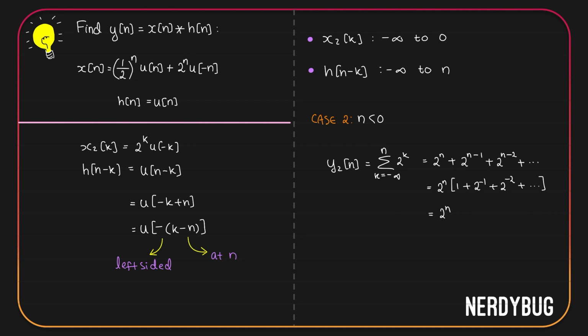So we have 2 raised to n multiplied by 1 plus 1 by 2 plus 1 by 2 square plus etc. This is again the same infinite GP whose common ratio is 1 by 2. So the sum is going to be 1 by 1 minus 1 by 2. This becomes 2 raised to n multiplied by 1 by 1 minus 1 by 2. 1 by 1 minus 1 by 2 is 2. So we get y2 of n is 2 raised to n plus 1 for n less than 0.